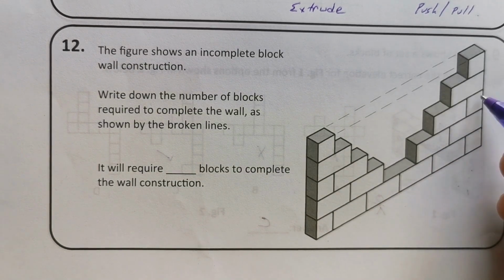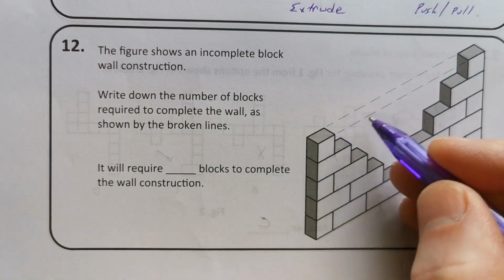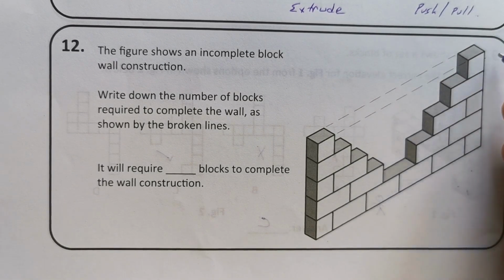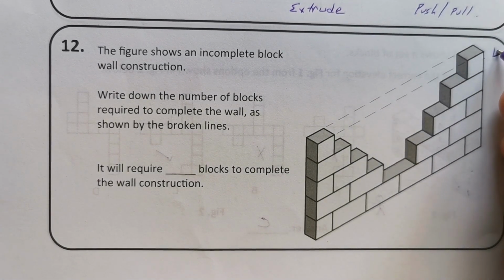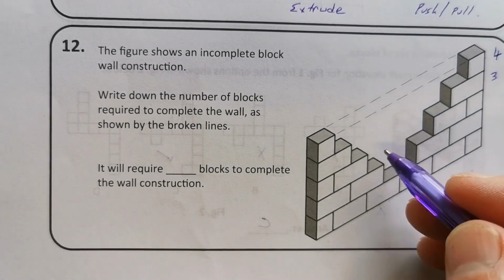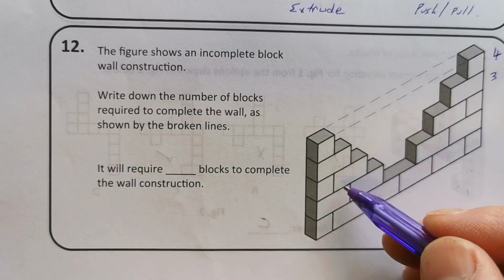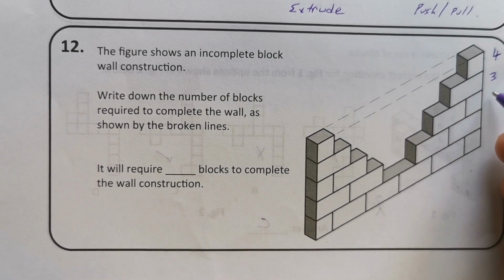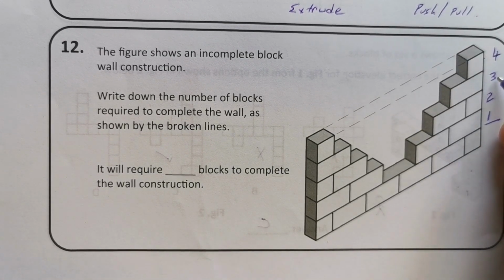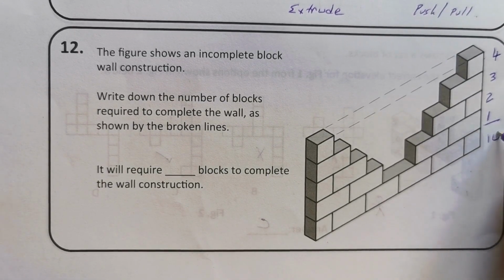So basically, if there's 2 halves there, it means we're missing 4 full ones in the top row, and we're missing 3 on the second row, because there is 2 full ones there, and we've got 1, 2, and 2 halves, 3. So we're missing 2 on this row, and I'm missing 1 on that row. So that's going to be 4 and 3, 7, 2, 9, and 1 is 10.